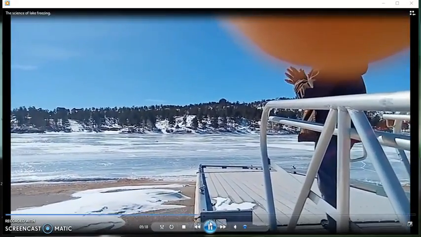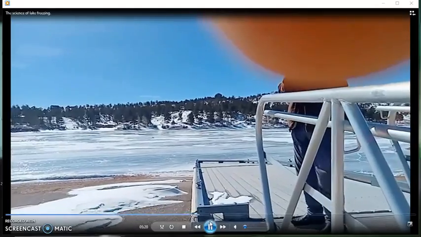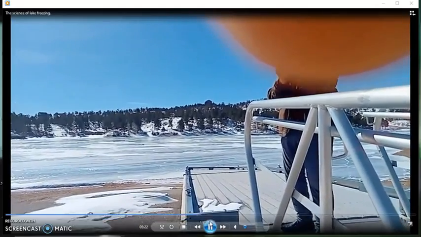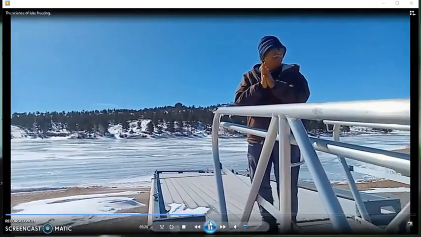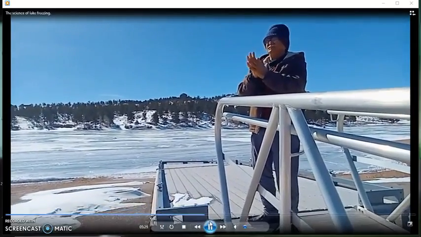Once the surface water cools to approximately 32 degrees Fahrenheit, the water molecules crystallize into interlocking lattice-like patterns and ice is formed.